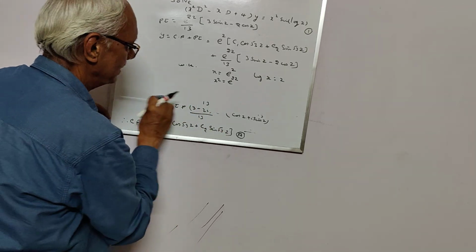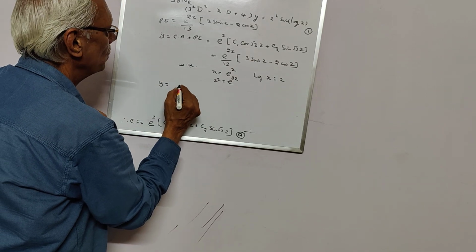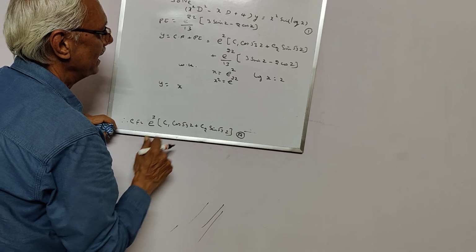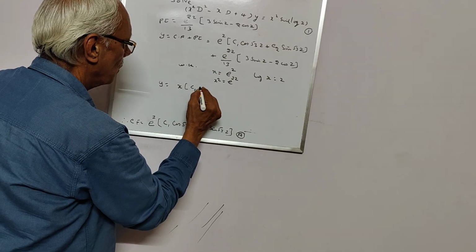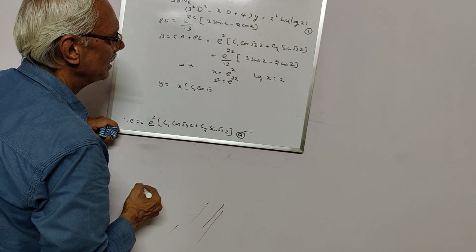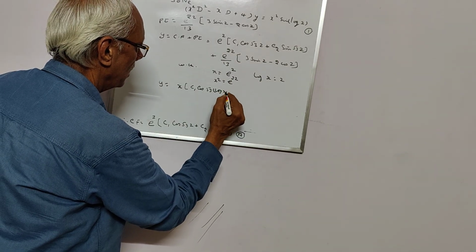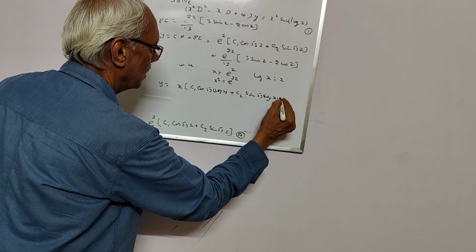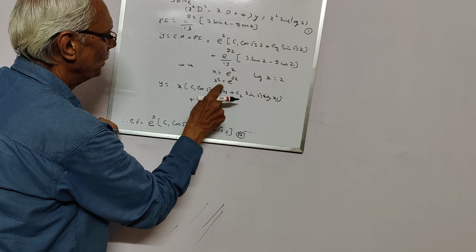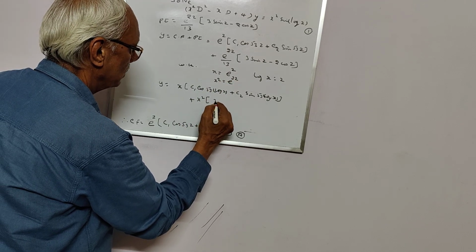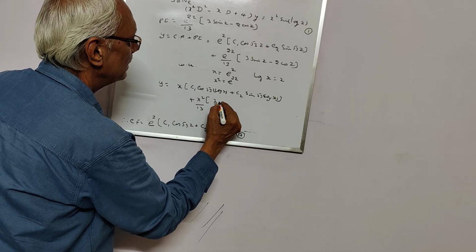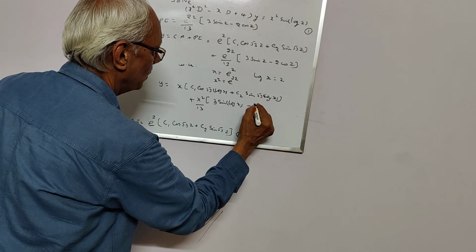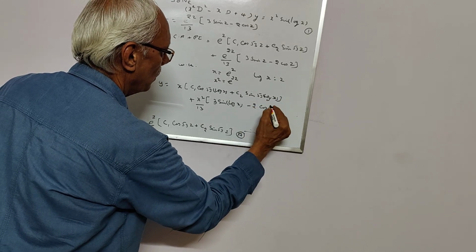And now we will write the answer. So y will be equal to e to the power of z, which is x, into c1 cos root 3 log x plus c2 sin root 3 log x, plus e to the power of 2z, which is x square, into 3 divided by 13, 3 sin log x minus 2 cos log x.